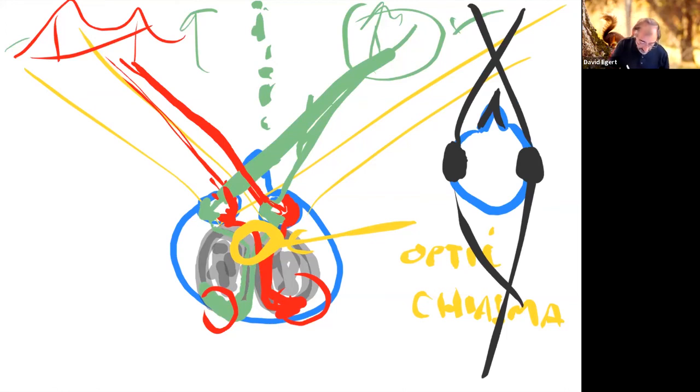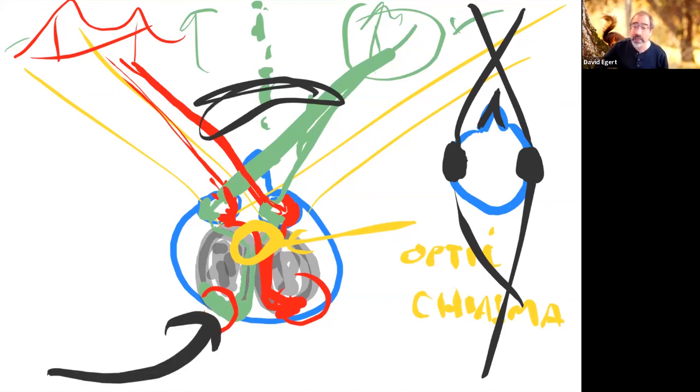Right here, I get really good 3D vision, but it's easy to sneak up behind me. A mouse or a rabbit or a sparrow does not have as good 3D vision, but it's really hard to sneak up behind them because they can see basically 360 degrees. There's no part of their field of view that isn't covered by one or the other eye.